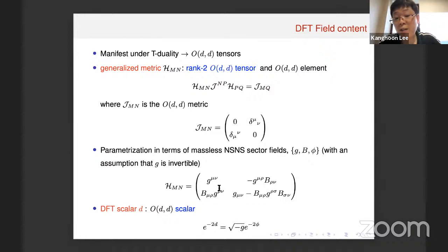Then we can make a connection with the NS-NS supergravity fields, so it can be written in terms of G and the B field. Another ingredient is the DFT scalar field. It involves the scalar d in there, and it plays the role of a measure.